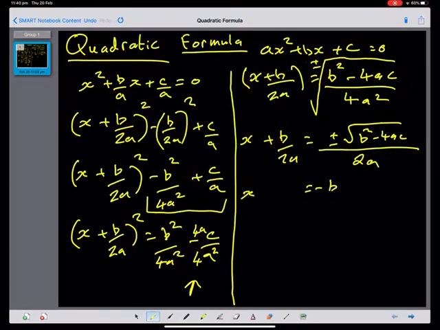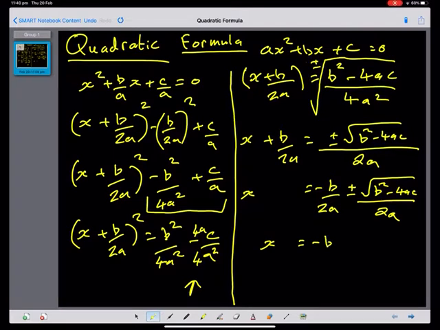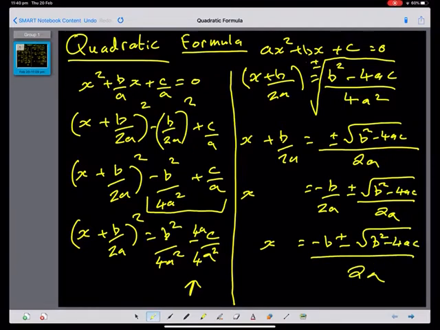We've got x equals minus b over 2a plus or minus this lovely thing here, the square root of b squared minus 4ac all over 2a. Let's tidy this up. The denominator is the same, so we get x is equal to minus b plus or minus the square root of b squared minus 4ac all over 2a. And there we have our quadratic formula. Hope this helps.